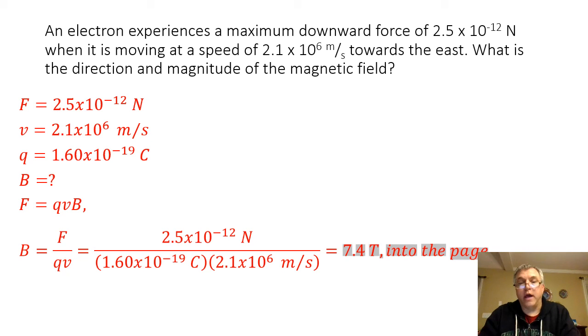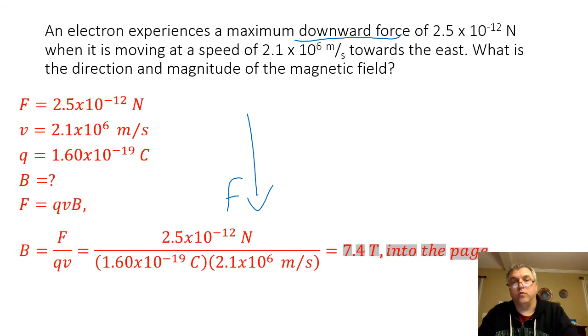Now let's take a look at the direction. I know that my force is oriented downward, and I know that my velocity is to the east. Now, I am dealing with an electron here.